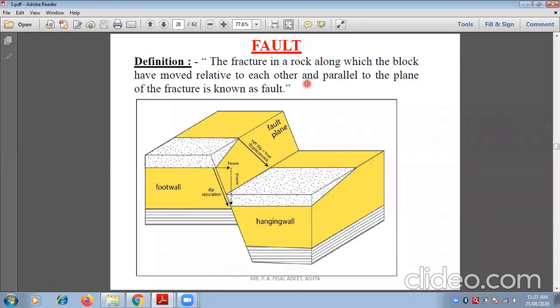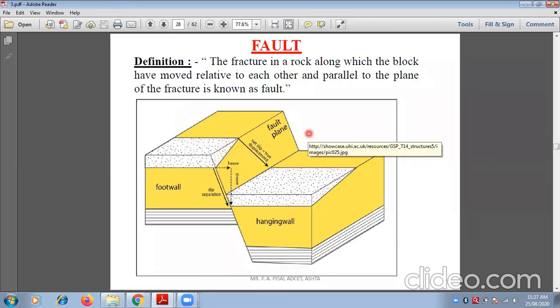Now here, what will be the source for the faulting? Here also forces are the source for the displacement, but the forces are from different directions.